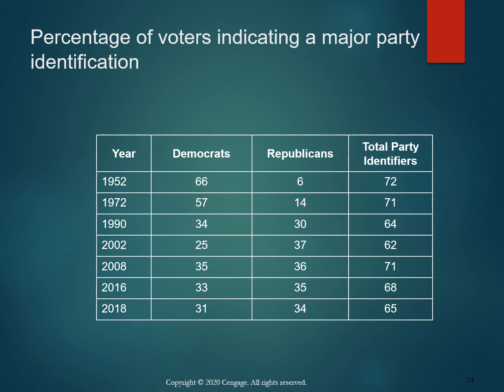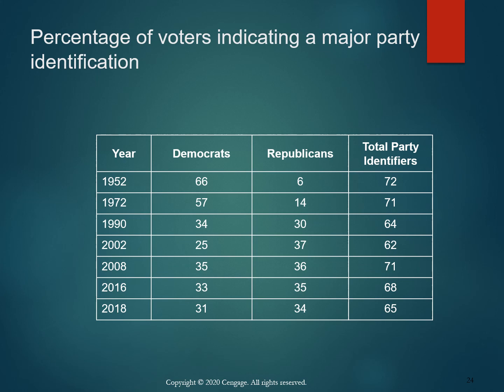More people were starting to identify with a party. By 2016, the last general election that we had, and these are all based on general elections, guys, it was again pretty evenly split, 33% Democrats, 35% Republicans, and 68% were identifying with a political party. And then the last midterm election was in 2018.